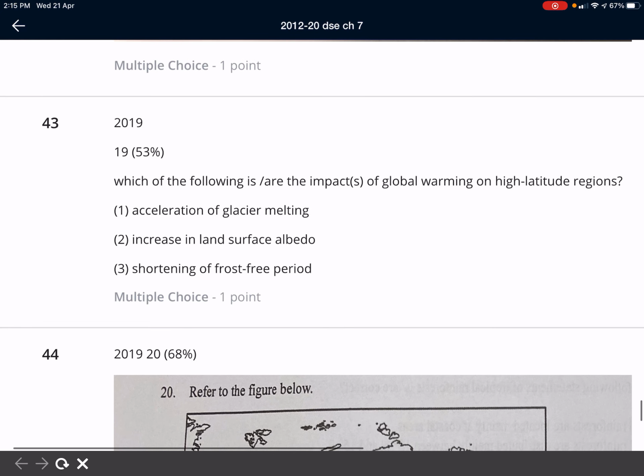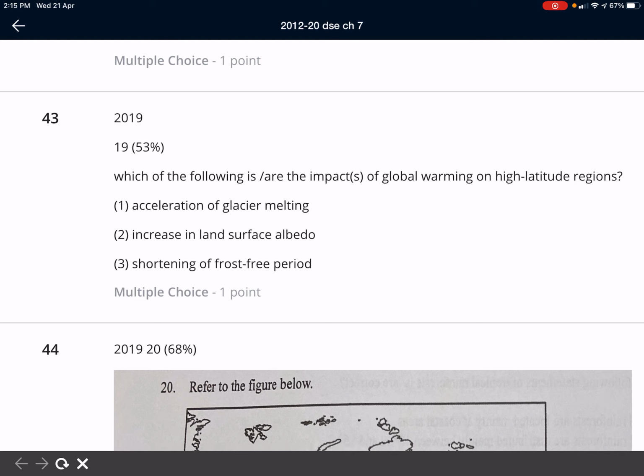Number 43. Which of the following are the impact of the global warming in the high latitude region? Acceleration of the glacier melting. True. And then increase of land surface albedo. But what is albedo? Albedo, in short, is talking about the reflection rate. So what kind of things are going to reflect much? Should be ice, isn't it?